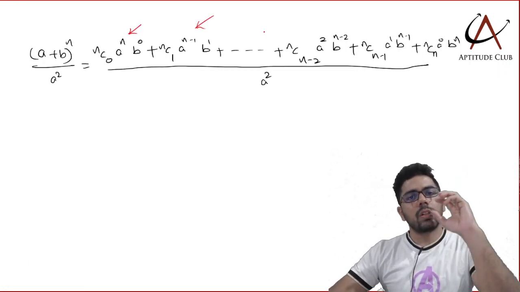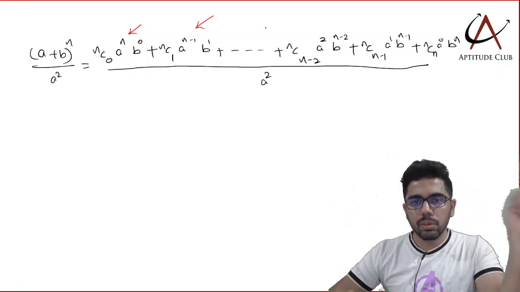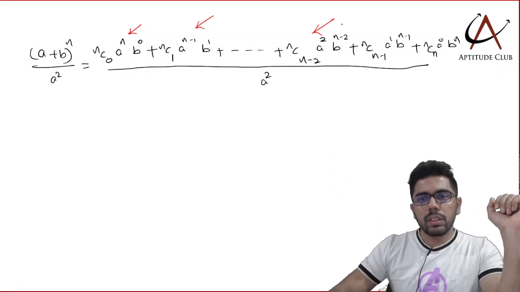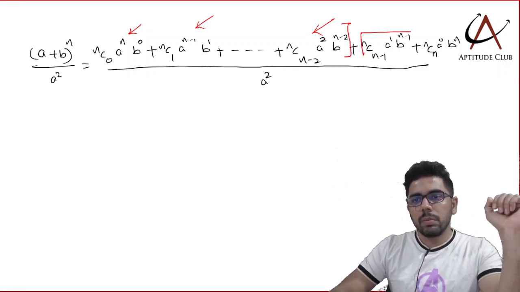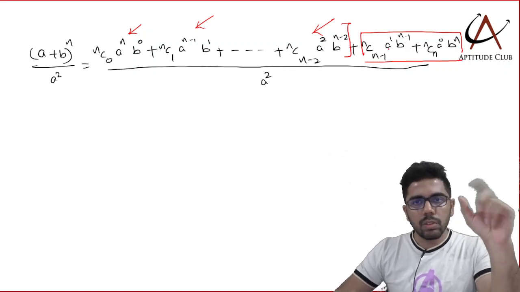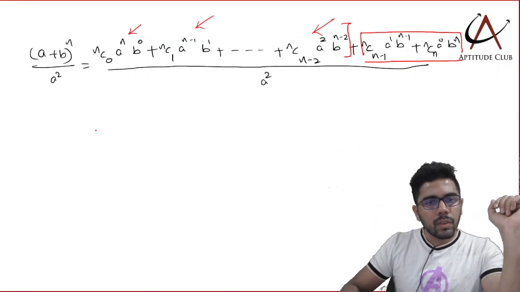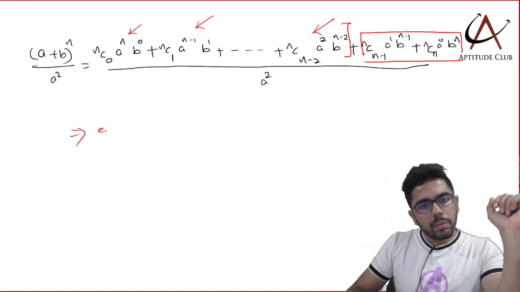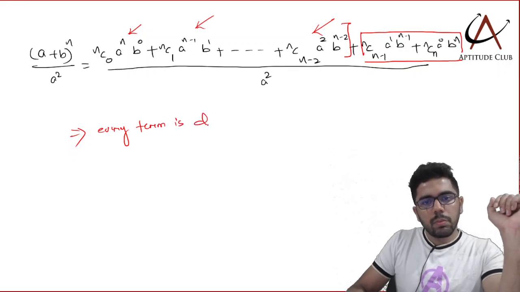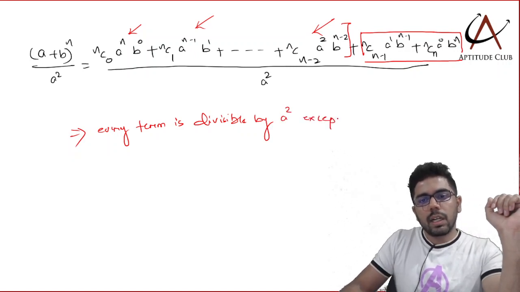If you want to divide a term by a square and you want it to be divisible, so minimum power of a has to be a square. So till this point everything is divisible, and the remainder will be given by the last two terms, because last two terms ही divisible नहीं होंगे. यहाँ पे there is only one a, so it is not divisible by a square, and यहाँ पे तो a है ही नहीं. So this implies, every term is divisible by a square except the last two terms.